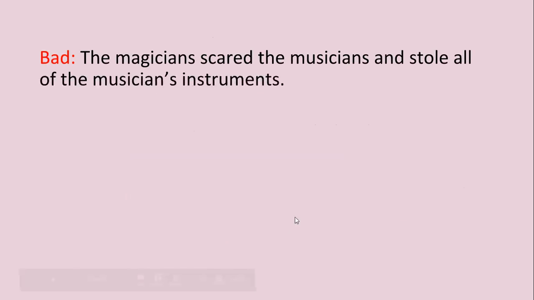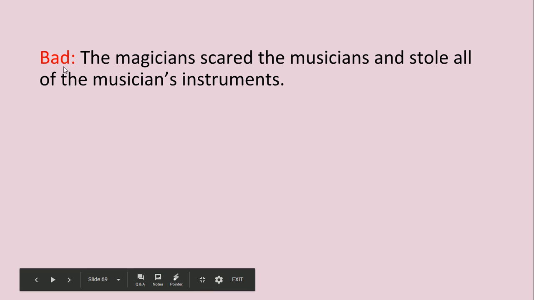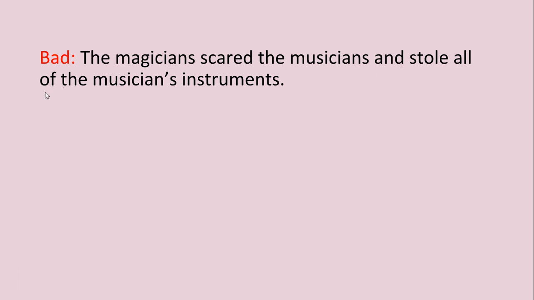Okay, an example. So first, a bad example. The magicians scared the musicians and stole all of the musicians' instruments. Why is this bad? Because look, magicians is plural and musicians is plural, and they stole all of the plural musicians' instruments, but here I'm adding an apostrophe as though musician is singular. So this is creating some disagreement and it's not good.